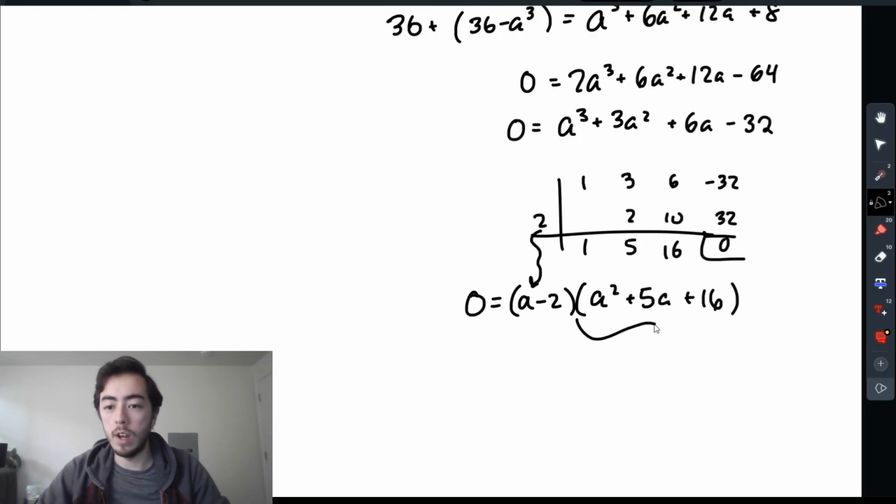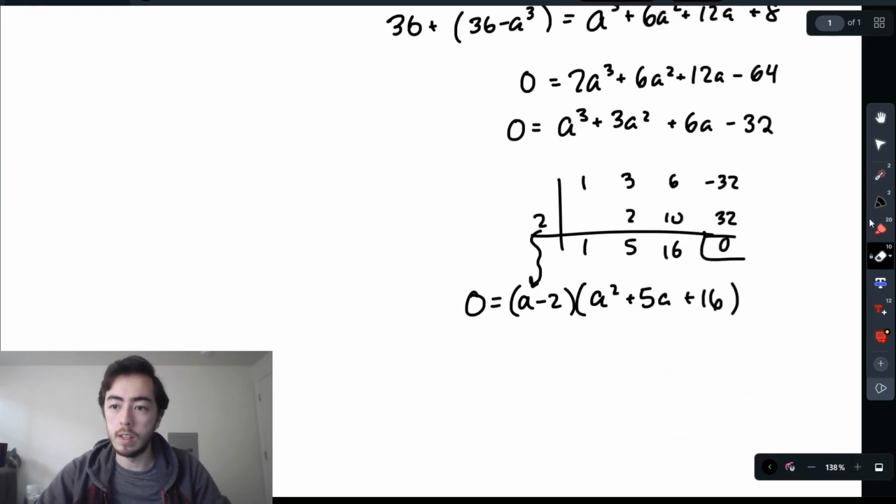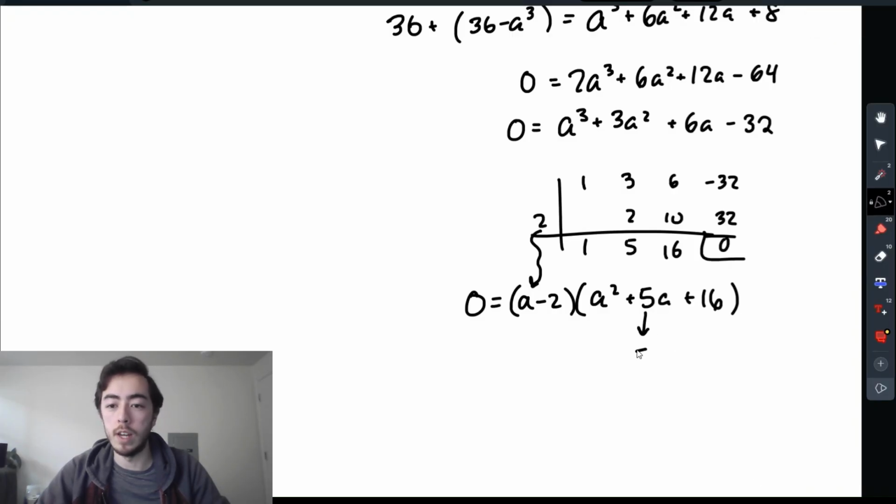Now, this quadratic just kind of looks like it's not going to have any real roots. The idea being is that this plus c value is just so big that if we graphed it, we would have some kind of quadratic that doesn't touch the x-axis here. The way to show that this is the case is that we could take this b value, divide it by 2, and then square it.